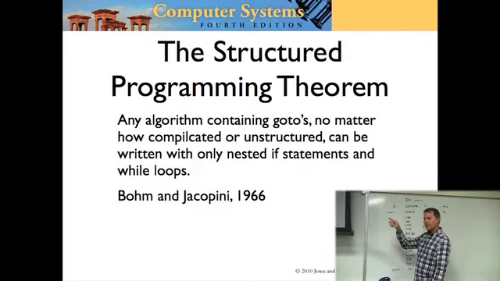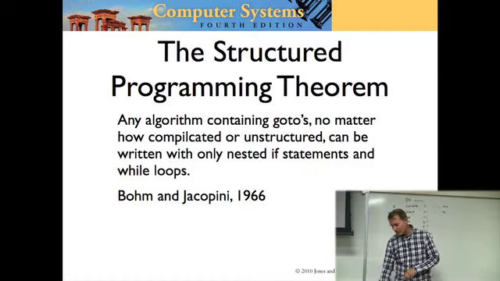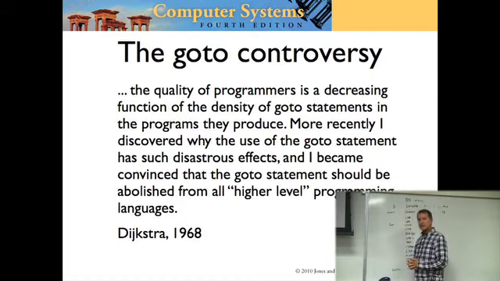Anyway, there was a huge debate, because you can write any program without go-tos, whether the go-to statement should be in the language. As a matter of fact, the second big historical fact that you should know about is the go-to controversy.